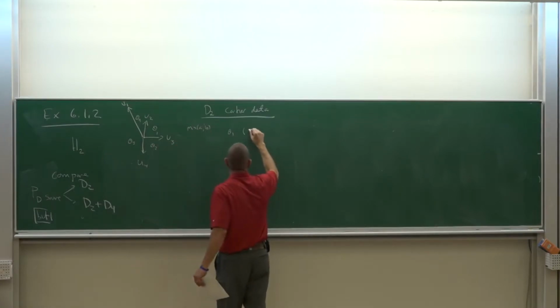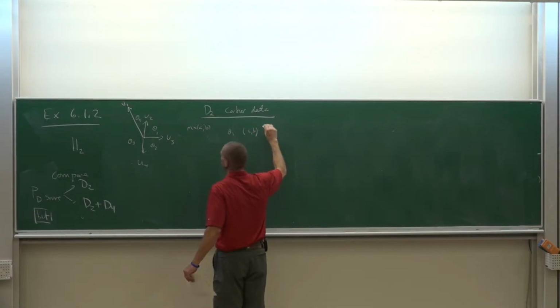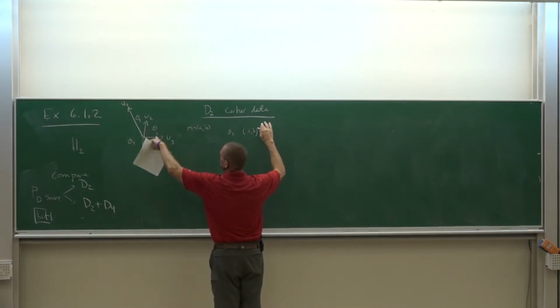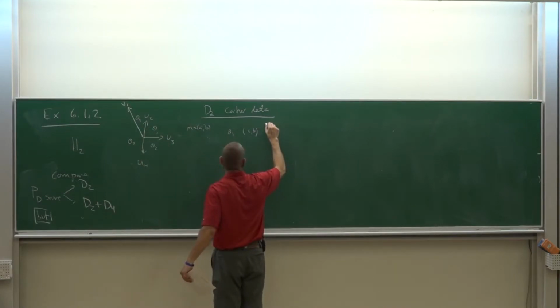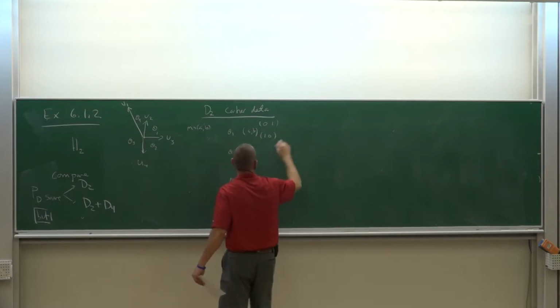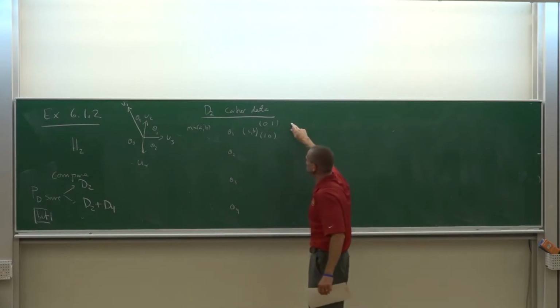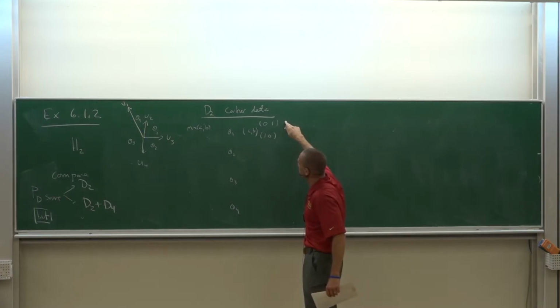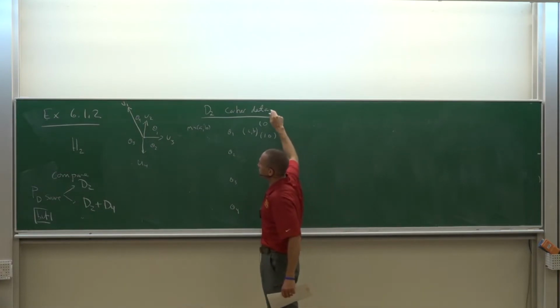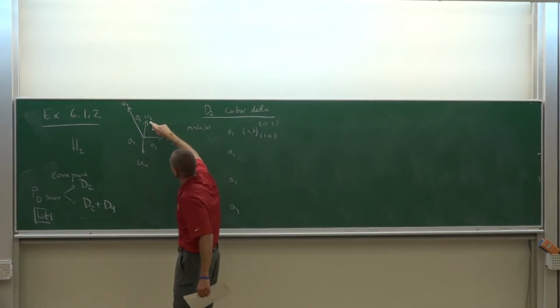I need (A, B) to dot with my U2 and U3. U2 is (0, 1), U3 is (1, 0). I need it to dot to D2, the divisor. D2 lives along here.